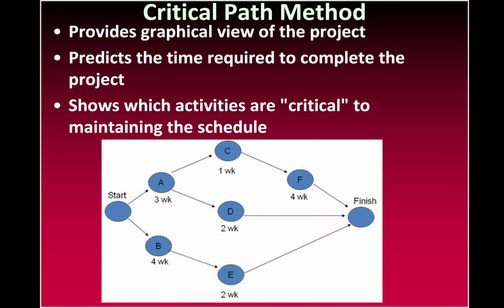Well, I can't do the outer walls until the framing is put up. Well, I can't do the framing until the foundation is poured. That sort of thing. So there's this critical path which may start with pouring the foundation, building the frame, skinning the outside of the house.